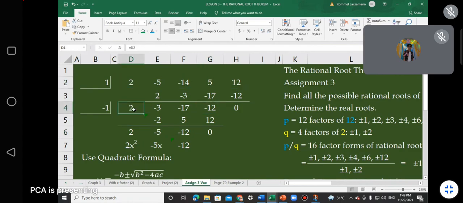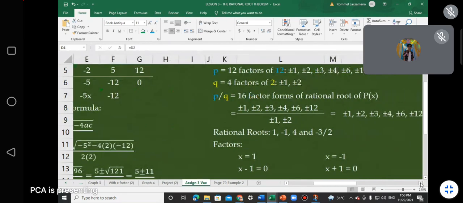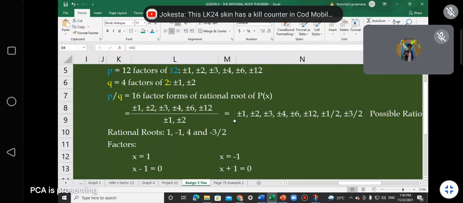So it means there is a way of reducing the chances of these ones to be considered as the rational roots.